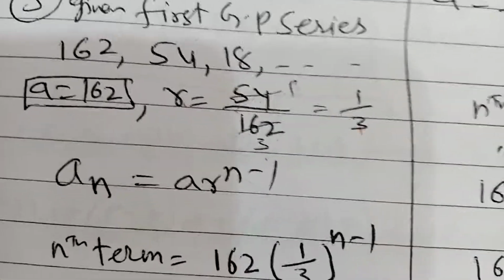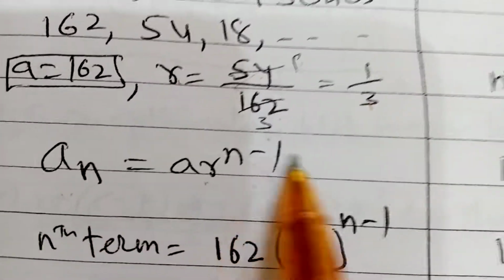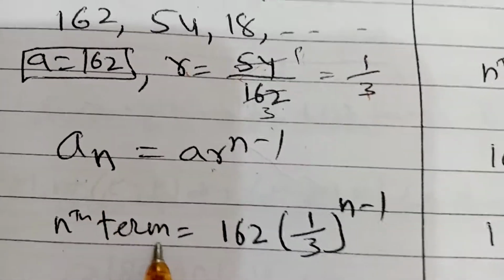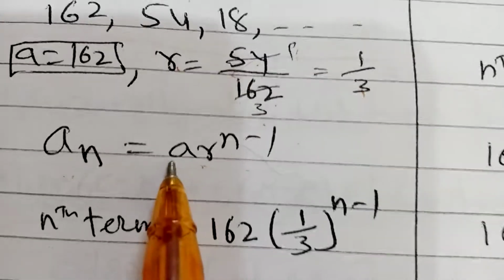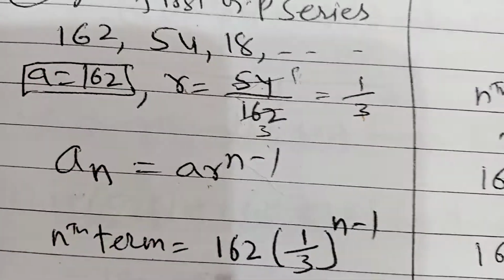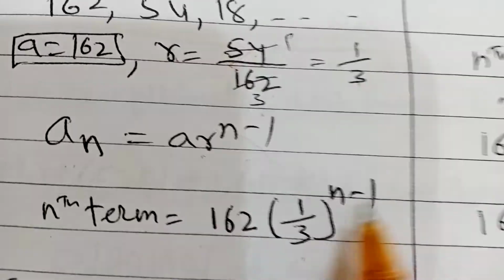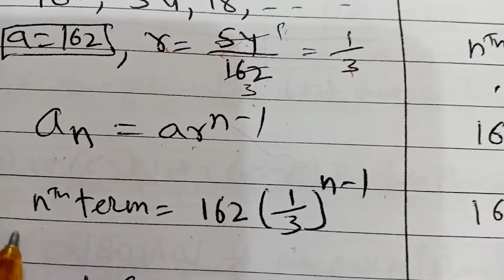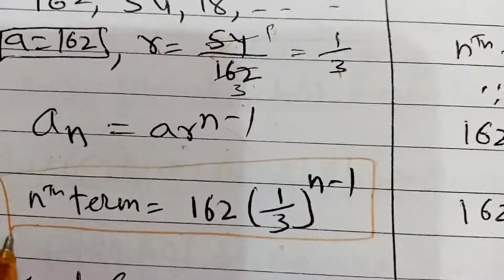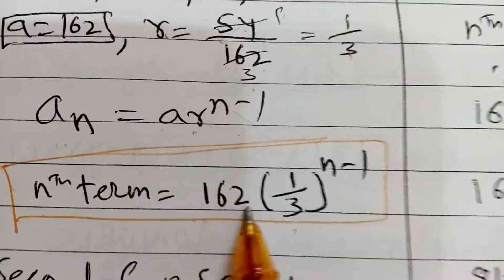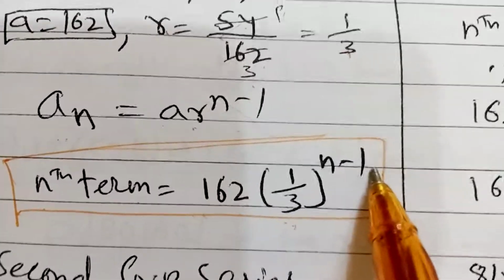Okay, so the nth term formula is a r to the power of n minus 1. The nth term is equal to a, which is 162, r which is 1 by 3, to the power of n minus 1. So the first nth term is 162 into (1 by 3) to the power of n minus 1.